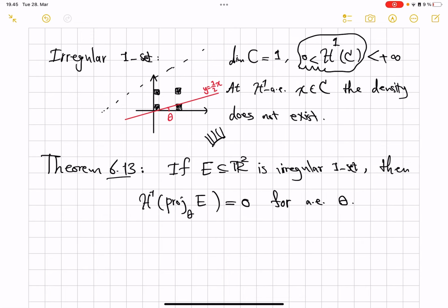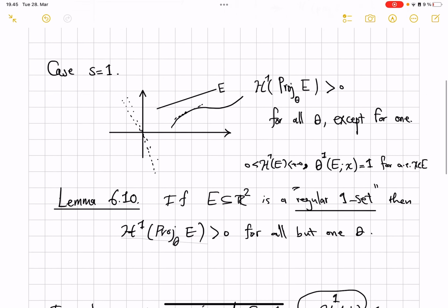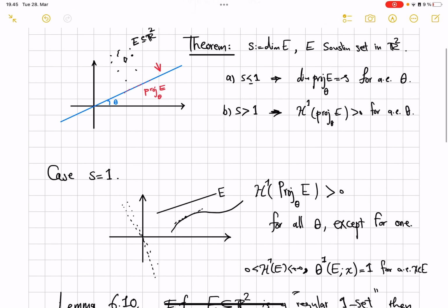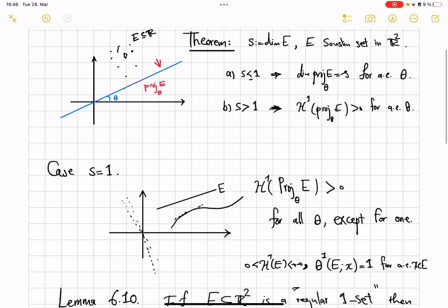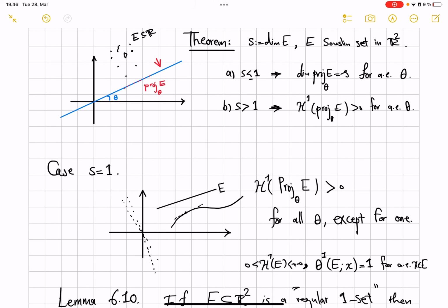So if a set is one-dimensional, by a simple exhaustion argument, you can write it as a union of the irregular part of the set and the regular part of the set. There's actually a separate video about this, by the way. So the study of projection behavior of one-dimensional sets is cleanly divided into two cases.